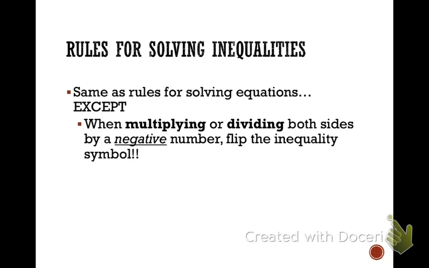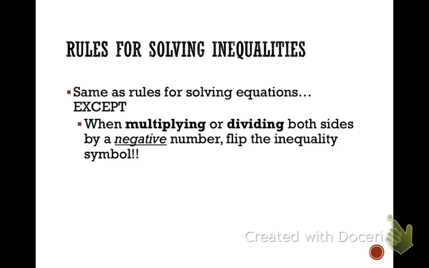Simple rules. Okay, for solving inequalities, use the same rules that apply for an equation. The only thing that is different, anytime you multiply or divide both sides by a negative, you have to switch the direction of the inequality. So if it's a less than, and you multiply or divide by a negative, you're going to flip it over to a greater than.